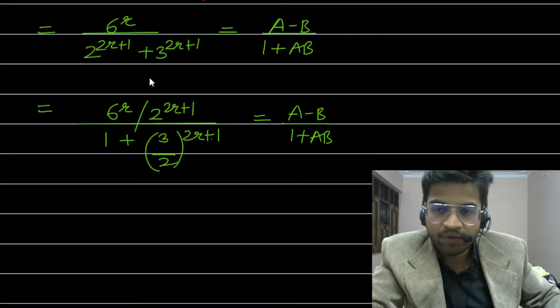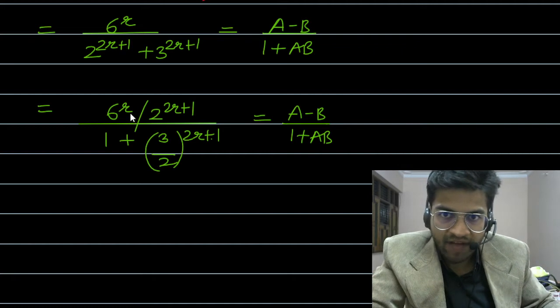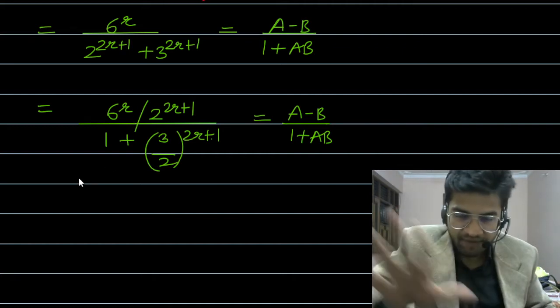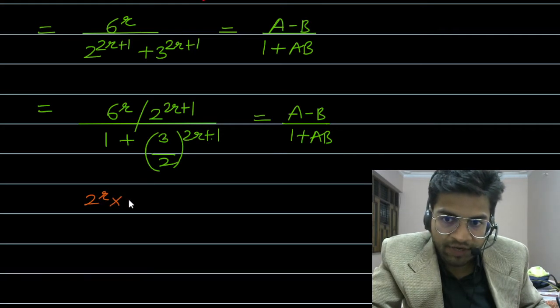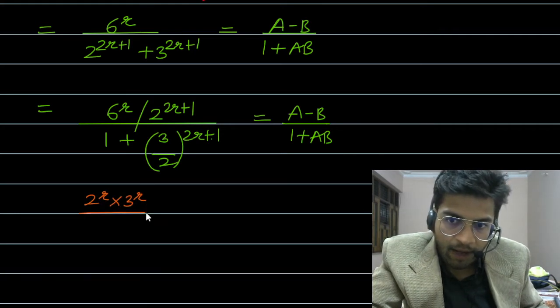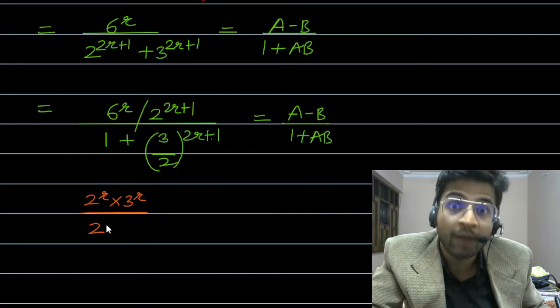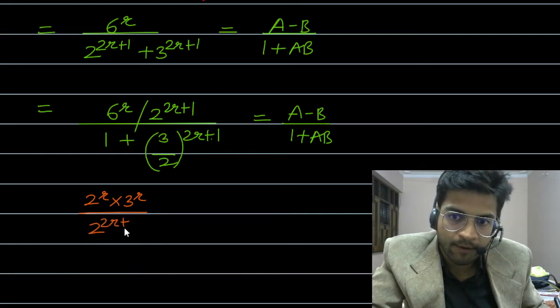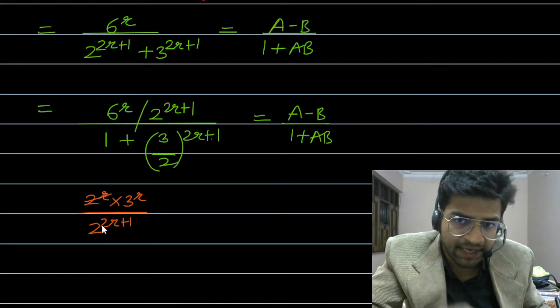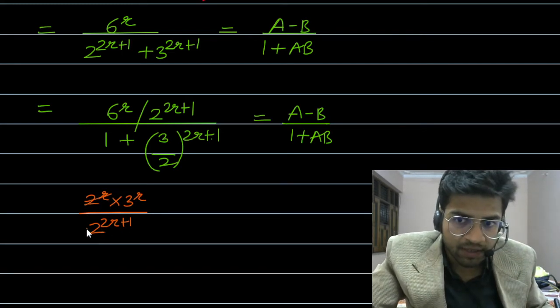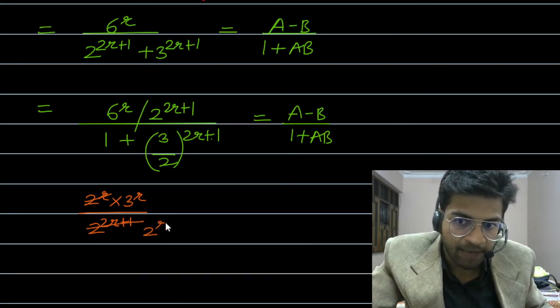So what we have in the numerator is 6 to the power r, fine. So we should simplify the numerator: 2 to the power r into 3 to the power r upon 2 to the power 2r plus 1. This is 2 to the power r. It will break the denominator in this particular form, 2 to the power r plus 1.